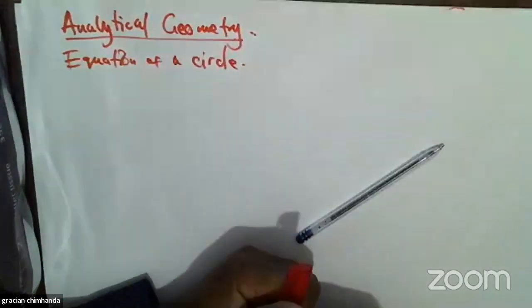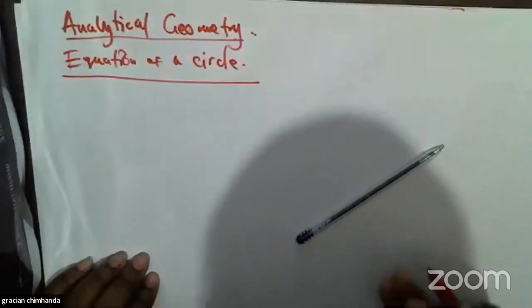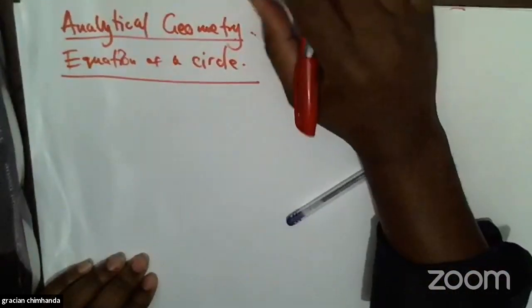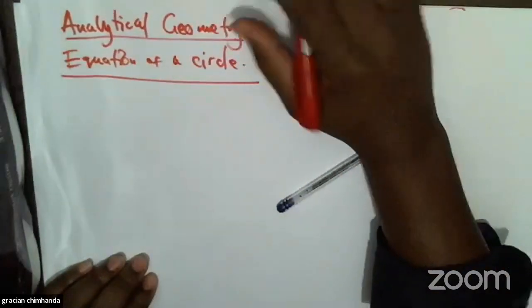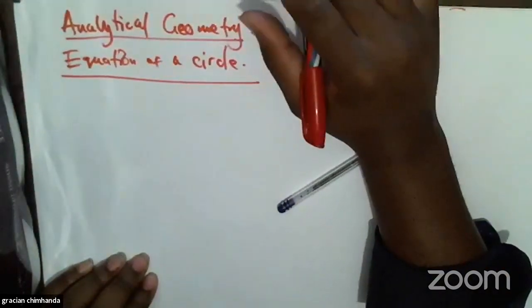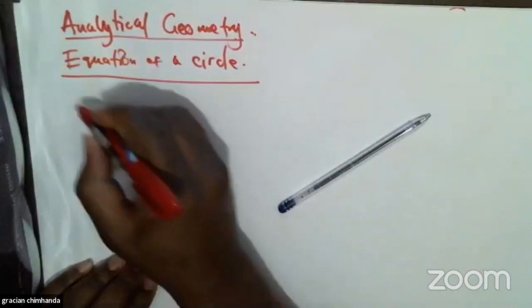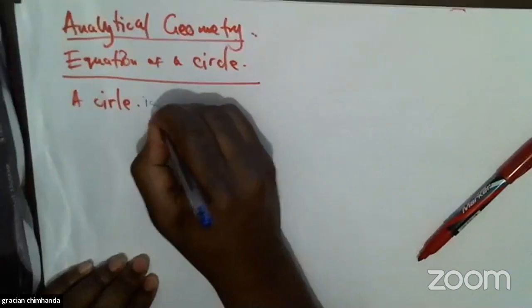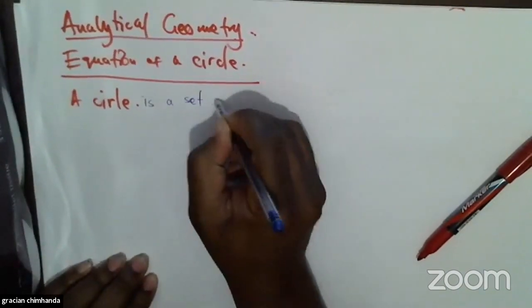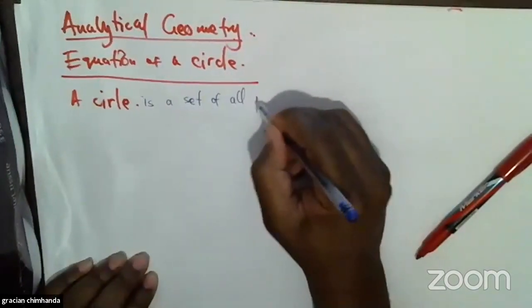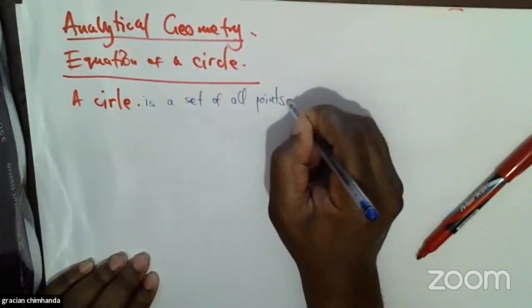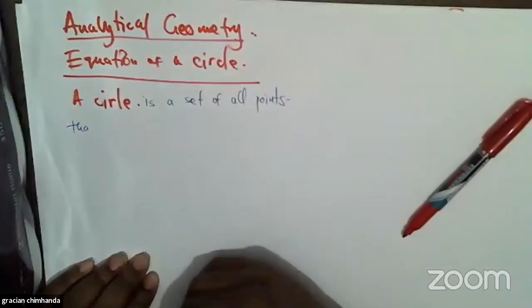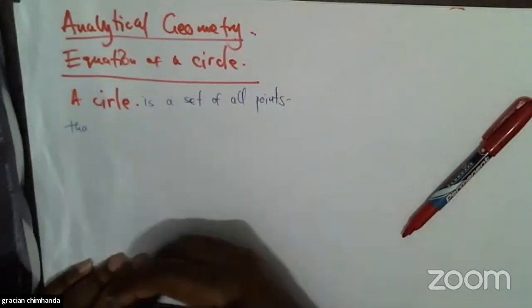A circle is a set of points. A circle is a set of all points.